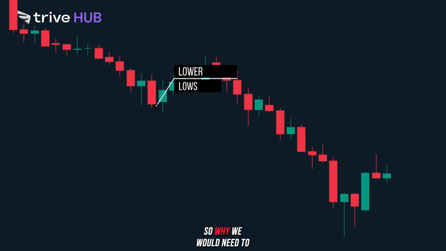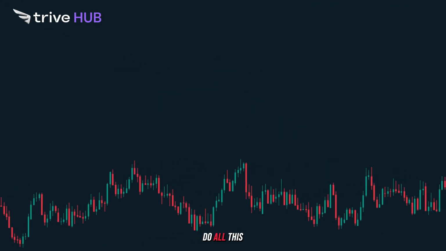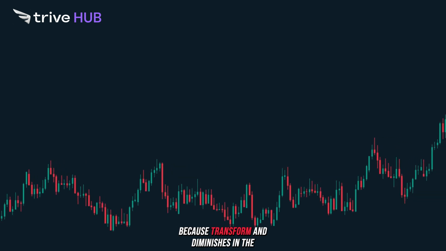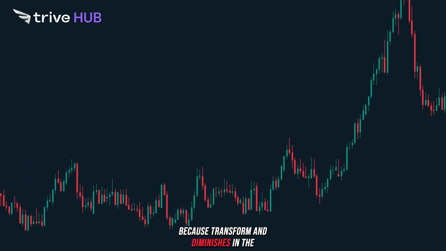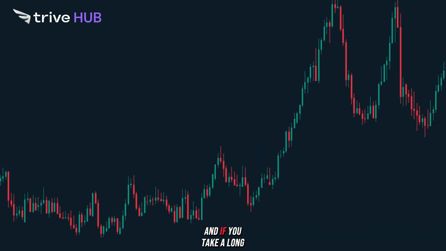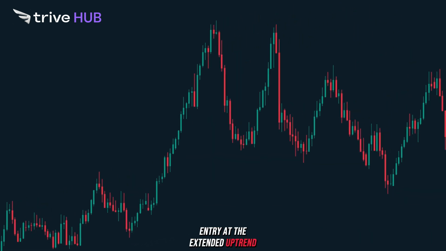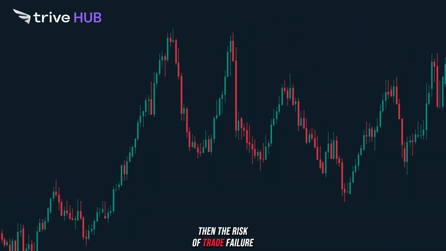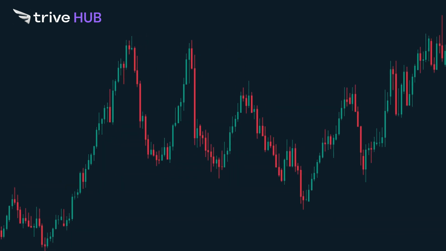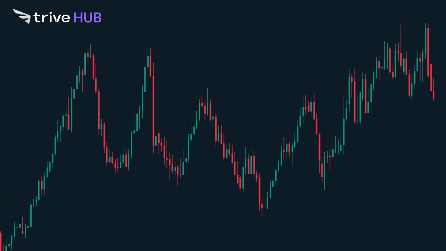So why would we need to do all this? Because trends form and diminish in the market, and if you take a long entry at the extended uptrend, then the risk of trade failure is very high because of instant reversals.